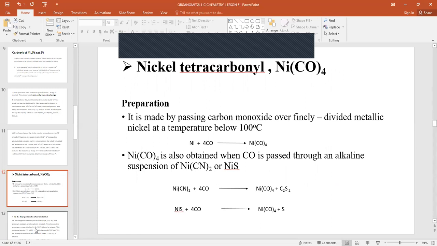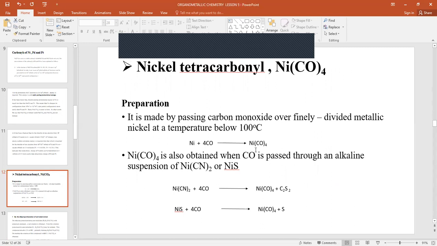Preparation. It is made by passing carbon monoxide over finely divided metallic nickel at a temperature below 100 degrees Celsius. So nickel plus carbon monoxide gives rise to the formation of nickel tetracarbonyl.